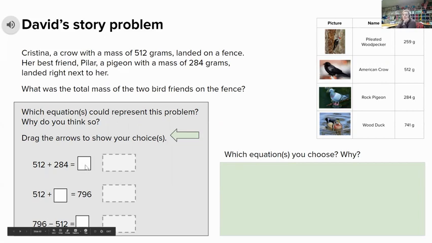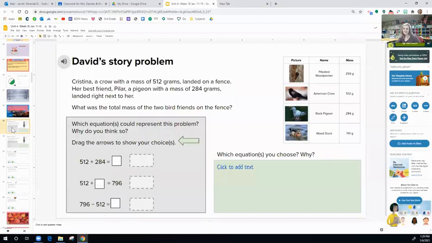Okay, so because I was in present mode, I can't drag and drop. So I'm going to drag this arrow down over here. Because I know if I'm adding these together, because it says what is the total mass of the two birds, and I also know that if I think about flipping this, I could say 284 plus 512.